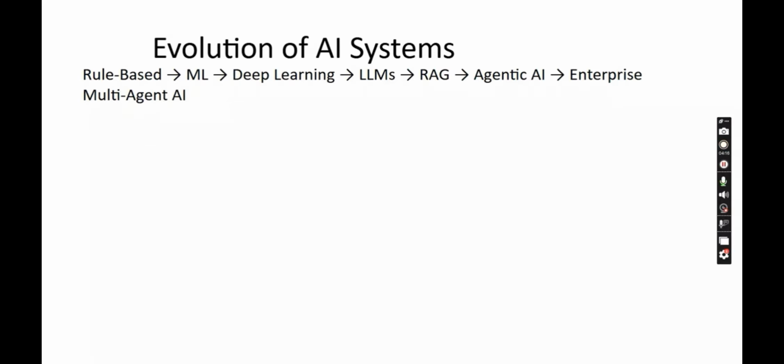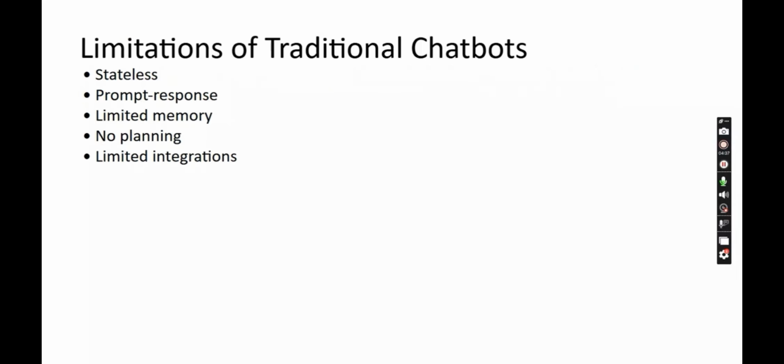One of the biggest misconceptions today is that connecting a large language model with a retrieval augmented generation pipeline is enough to build an enterprise AI application. It is not. A traditional chatbot is fundamentally stateless, and every request is largely independent.